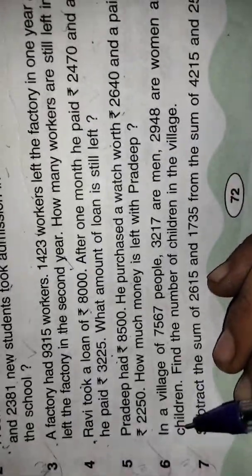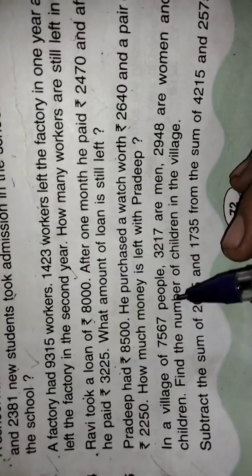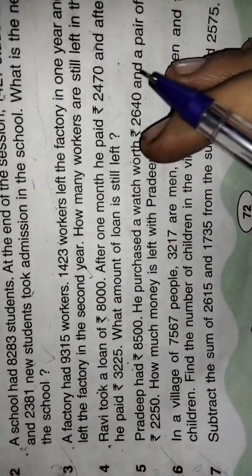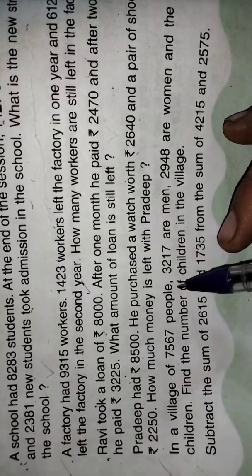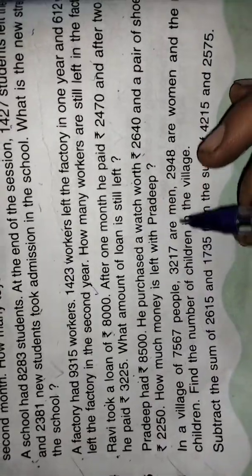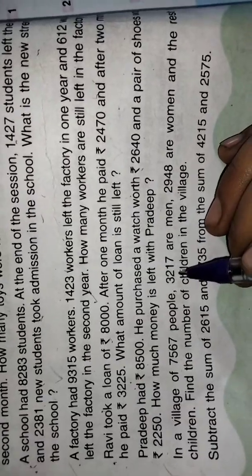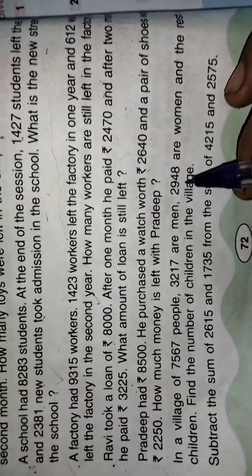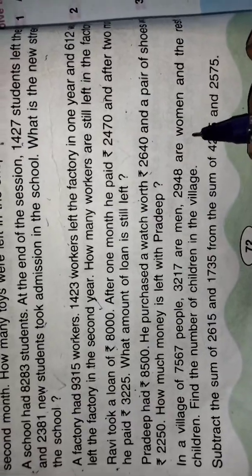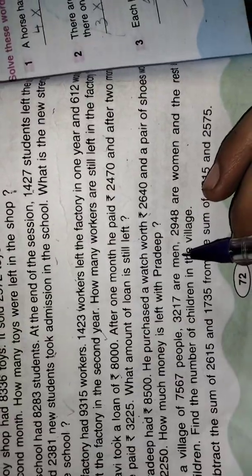Now next sixth one is, in a village 7,567 people are there. Total people 7,567 are there. In that total men 3,217 are there and 2,948 are women, means ladies, and men means gents.